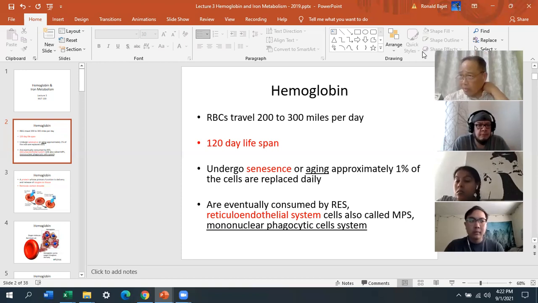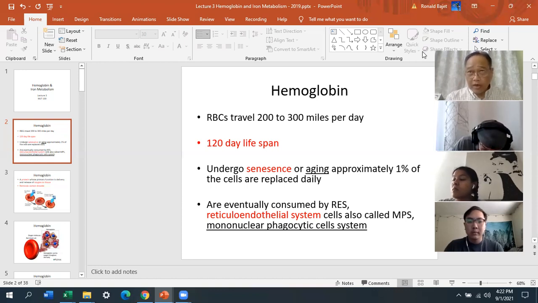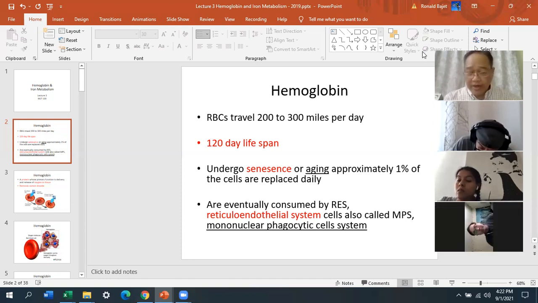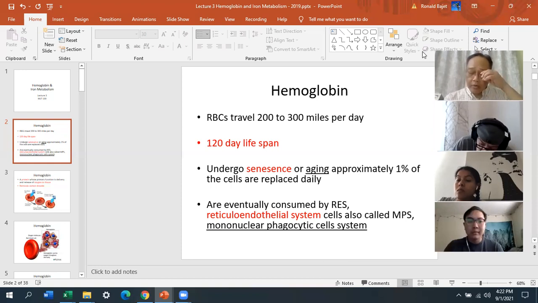Okay, I make this analogy that red blood cells are produced in the bone marrow, and that's the factory. The factory is either working overtime, working as scheduled, or not working at all. There's a condition where the factory is shut down, and that will give you a certain type of anemia, and I'll get into that in a later lecture. But the bone marrow is your factory. That's where everything is produced.